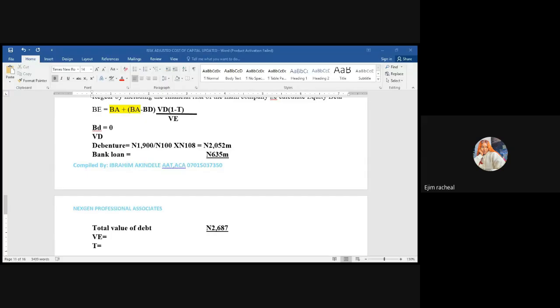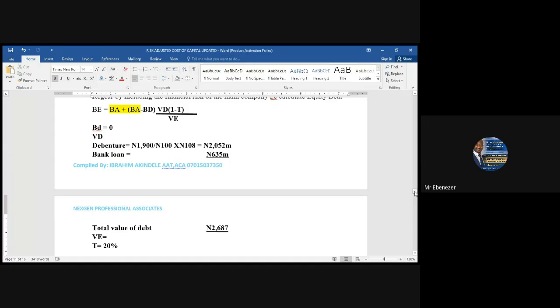Thank you. So if this is the total value of debt, our 20% still remains 20%, right? So the value of equity.